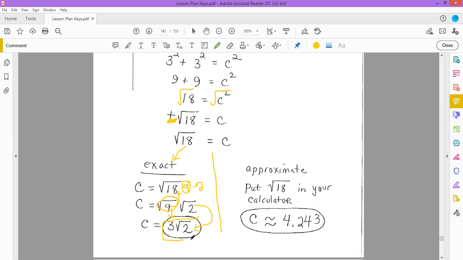So our answer in exact form is 3 times the square root of 2. To get the approximate answer, we just simply punch in the square root of 18 into our calculators and round to the nearest thousandth. You should get 4.243. So here's your exact answer by keeping the square root. Here's your approximate answer by punching the square root of 18 into your calculator.